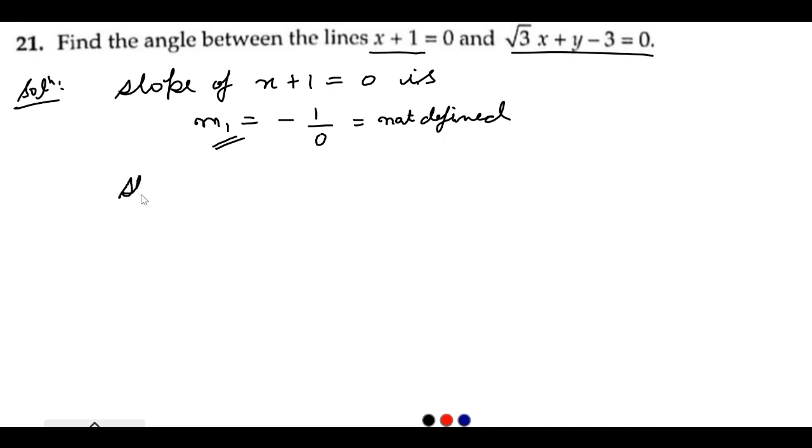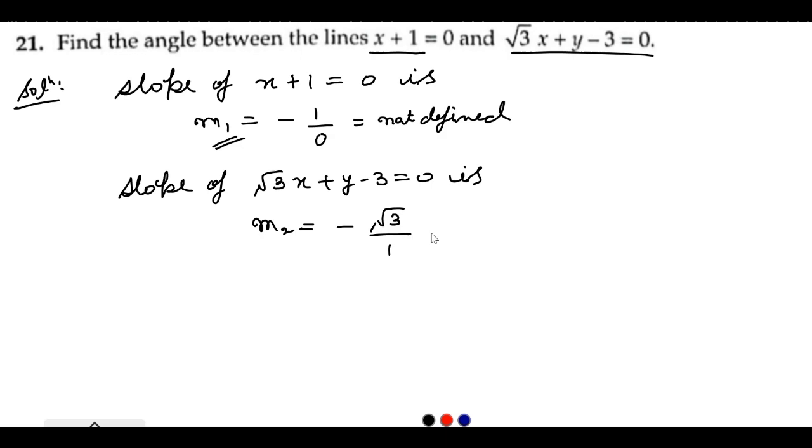Now find the slope of the second line. Minus coefficient of x divided by coefficient of y, minus under root 3. And the slope is denoted by tan theta if theta is the inclination of this line.